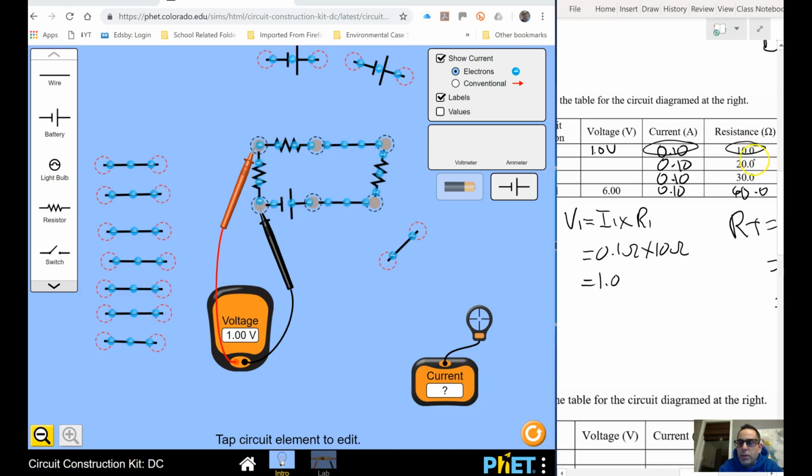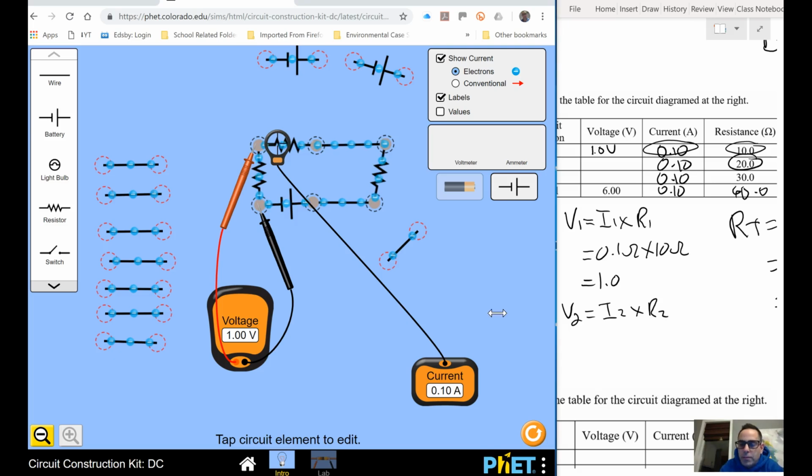For the next one, we've got 20. So the current going through the second resistor, again, is 0.1 amps. Sorry, that should be an A there.